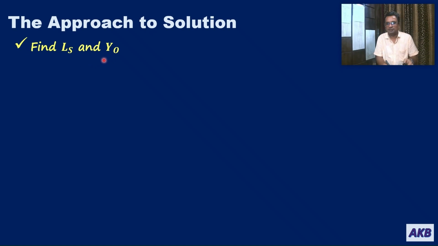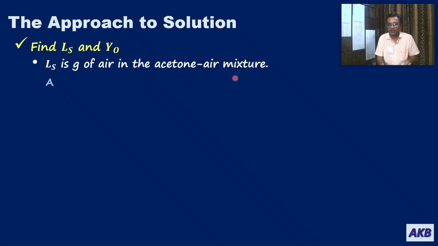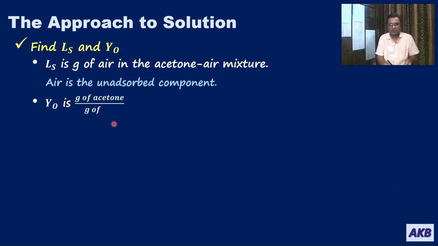You please refer to my previous video where I have discussed all the details of single stage adsorption. So first step would be we will be finding LS and Y0. LS in this case is gram of air in the acetone air mixture, and as I said, air is the unadsorbed component. Y0, what is Y0?